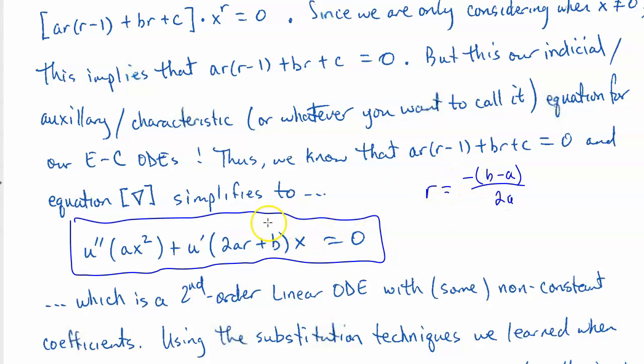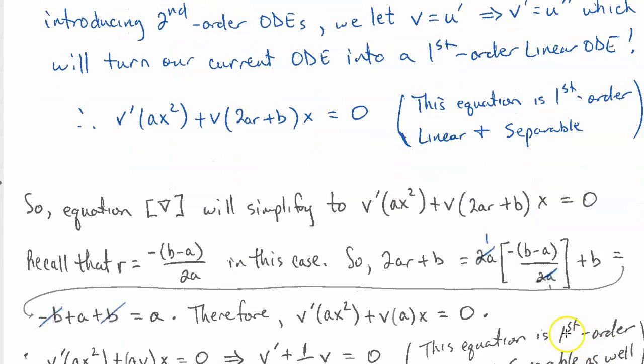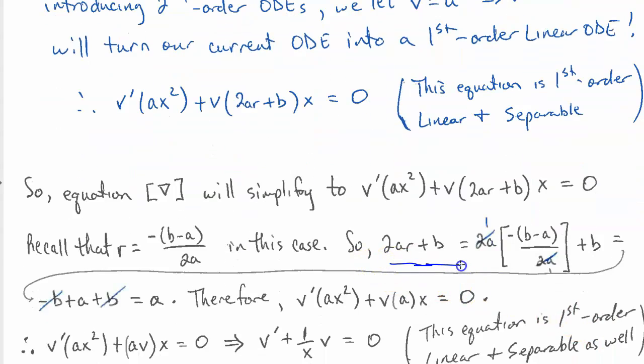And if I take that and actually plug it into here, and you're going to see where I do that, down here, where I take that and plug that into here, I see that what I get as a result is just going to be a. Okay, so 2a times r plus b, and I let r be negative (b minus a) over 2a, what I just end up getting is just a.